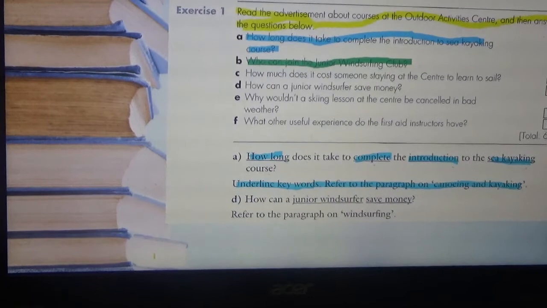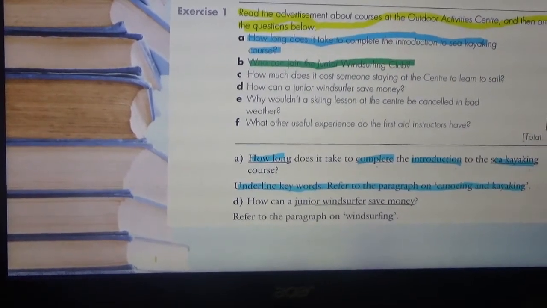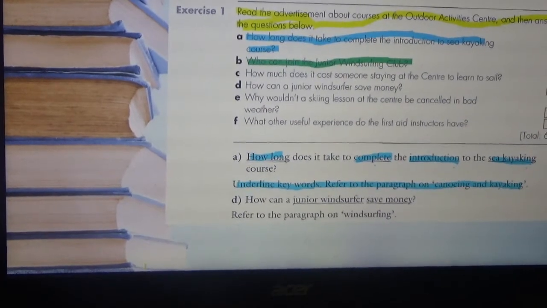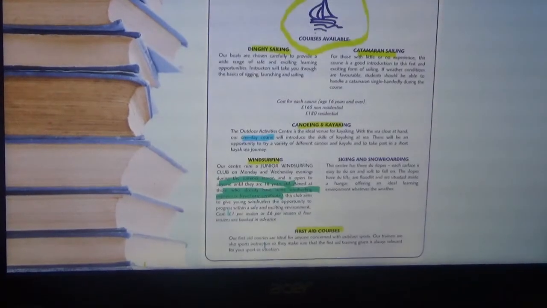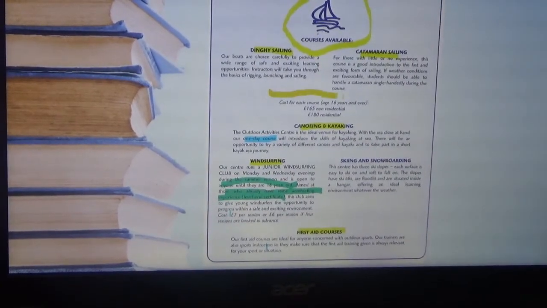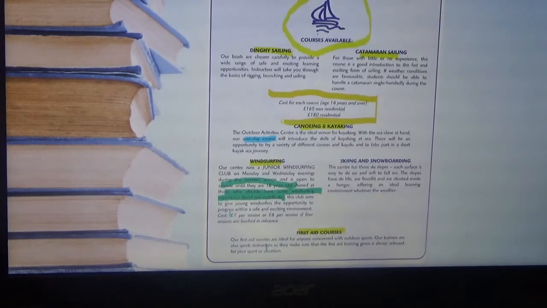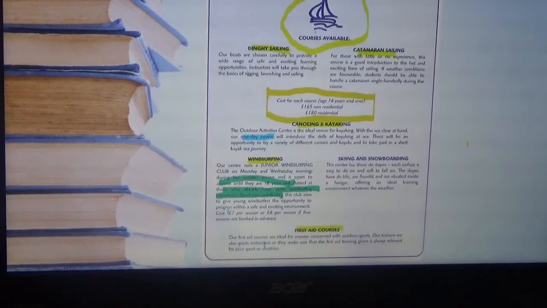Go back to your passage sample and you will find it here. I said it's arranged chronologically. With this particular thing, it is separated from among the subtopics, among the paragraphs. It says cost for each course.